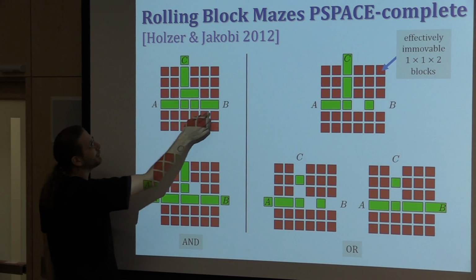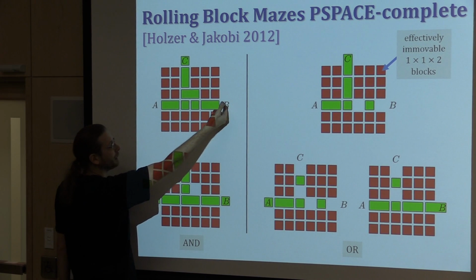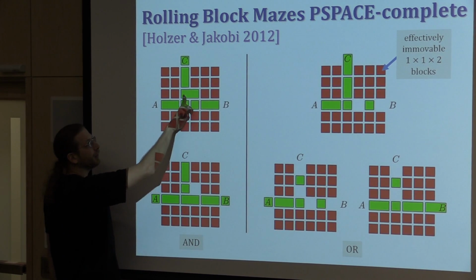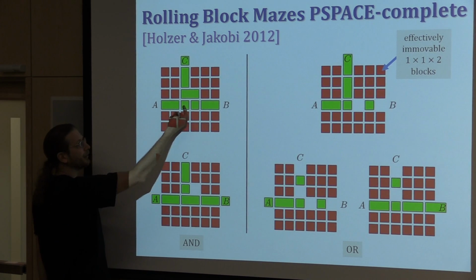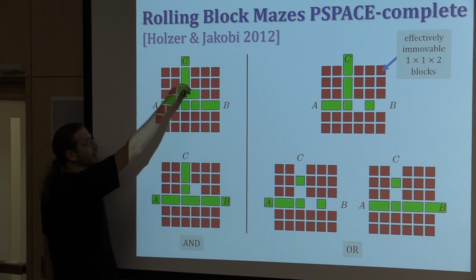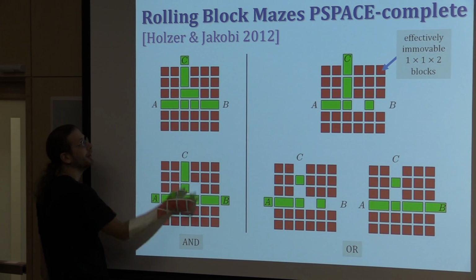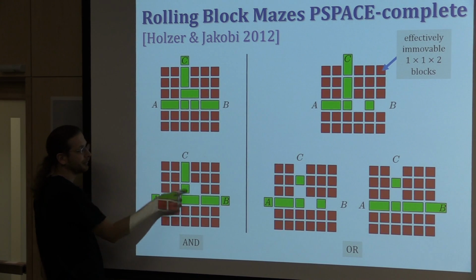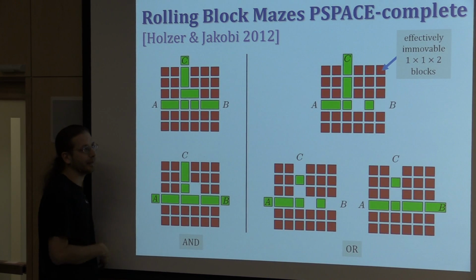So if this rolls out and this rolls out, it will be like here and here. Then this can fall over, replacing that rectangle. This can fall over, replacing that rectangle. So that's this and this. Then this guy can roll down, so it comes here. And then this guy can stand up, and this guy can fall over. So you get that picture. And so it's an AND gate.